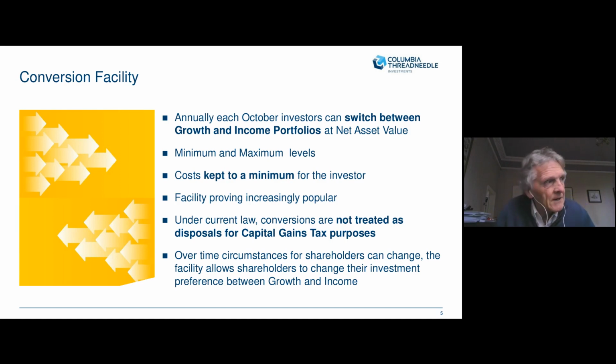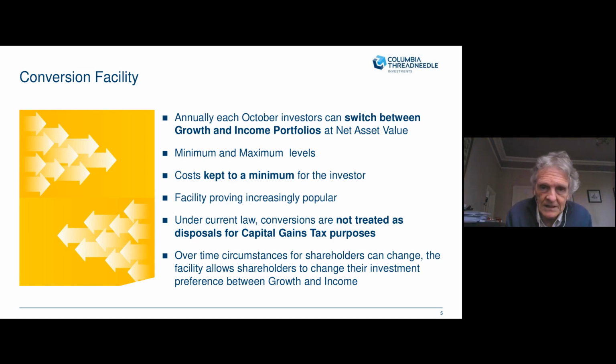portfolio trust. And I think the important thing for shareholders to realize is you can come in, for example, if you were younger, probably you're more interested in the growth portfolio, but over time, those preferences that you have may change more towards income.